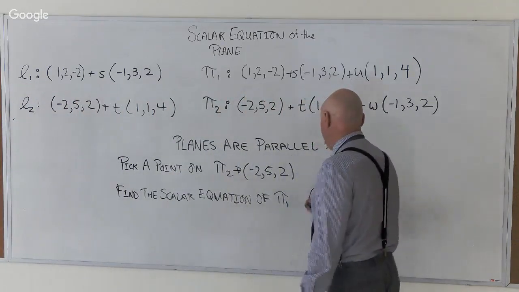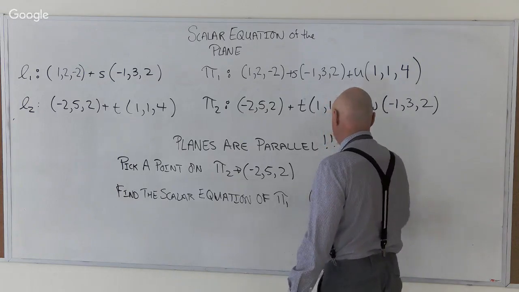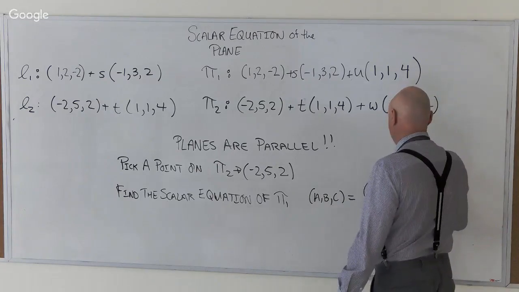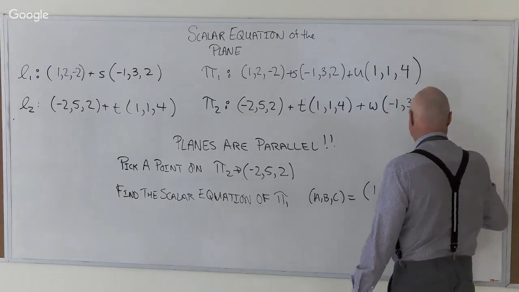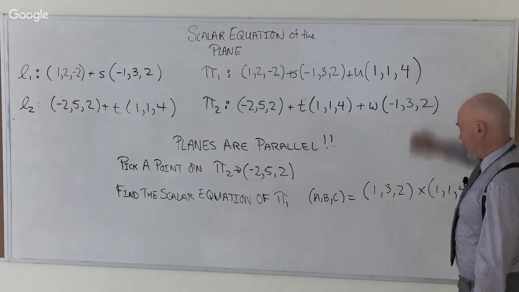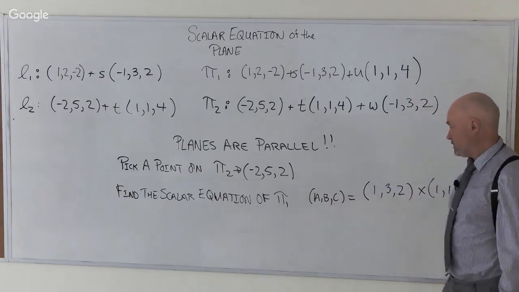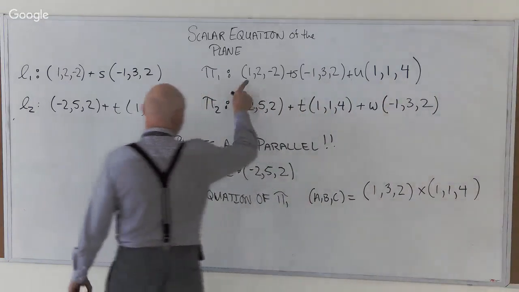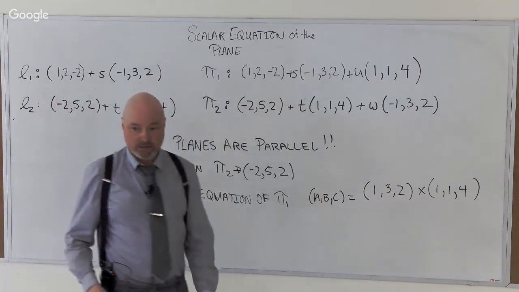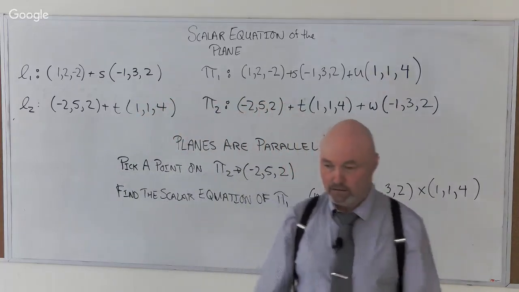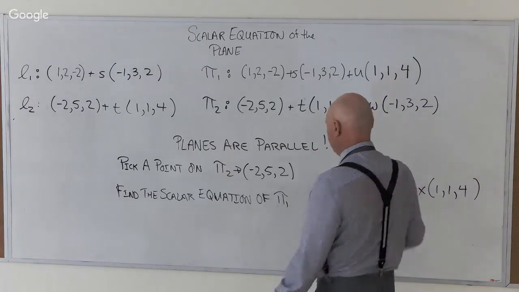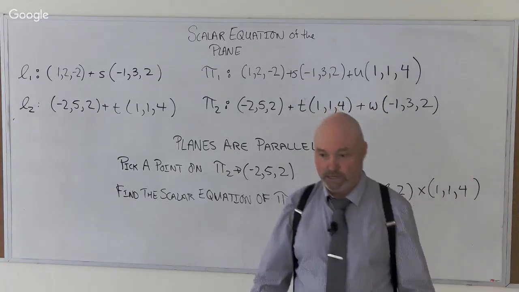So A, B, and C is equal to the cross product of these two direction vectors, negative 1, 3, 2 cross 1, 1, 4. That gives me a normal vector to that plane, which tells me my A, B, and C. I'm going to use the position vector to calculate D. Then I'm going to plug it into my formula that tells me the distance from plane 1 to this point that lies on plane 2. And that's going to be it.